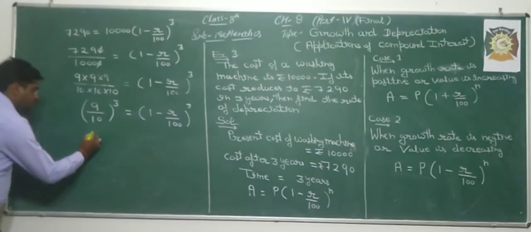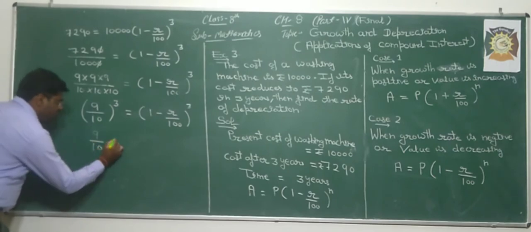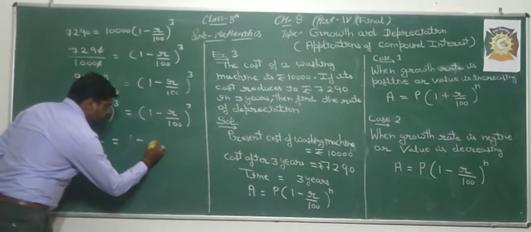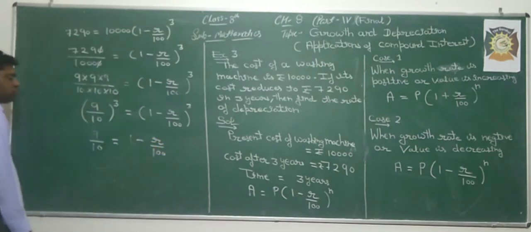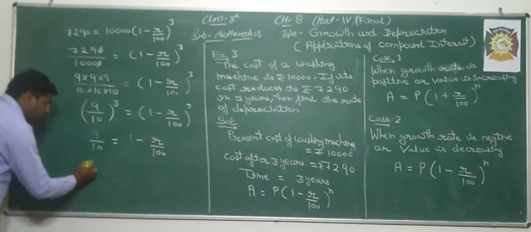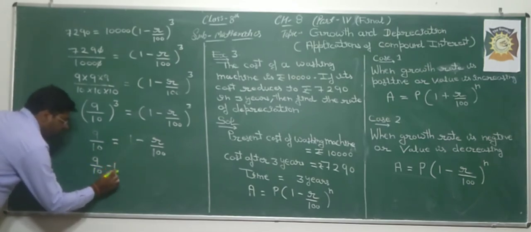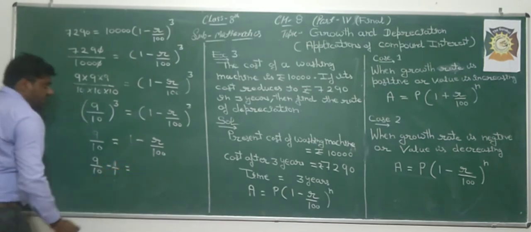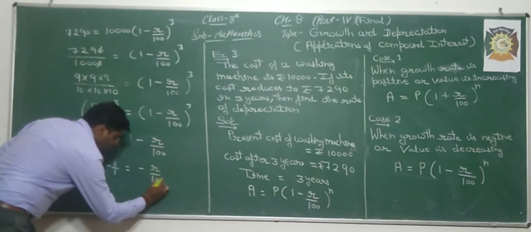So their bases are 9 upon 10 is equal to 1 minus rate upon 100. Now, to simplify this one, take this 1 to this side. This is 9 upon 10 minus 1 is equal to minus rate upon 100.